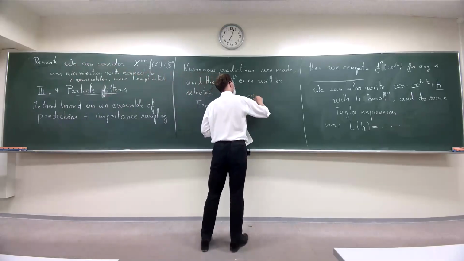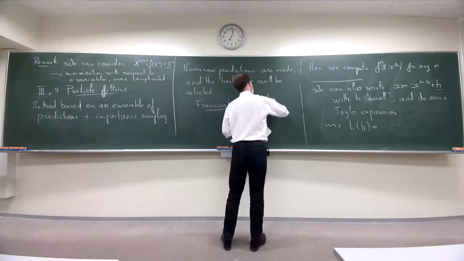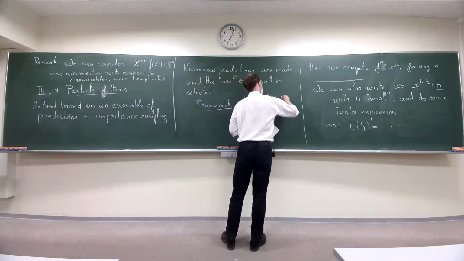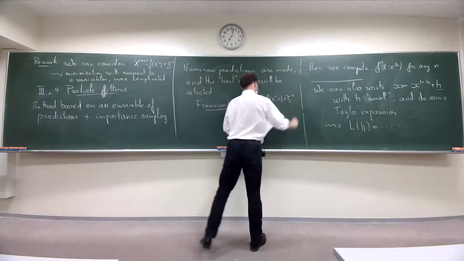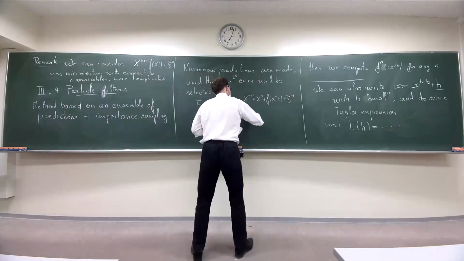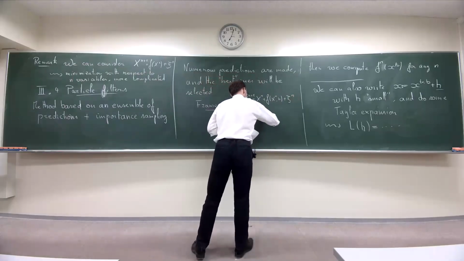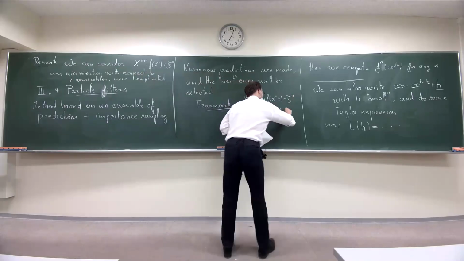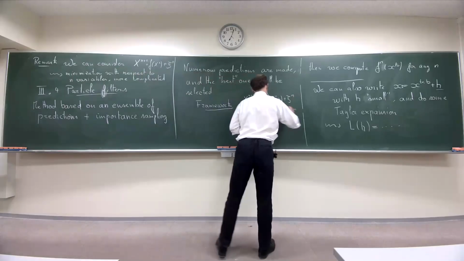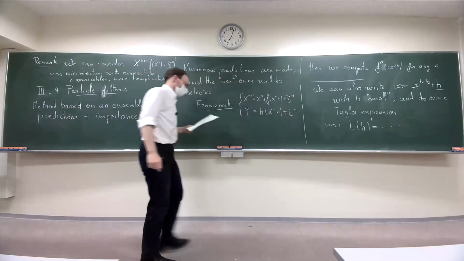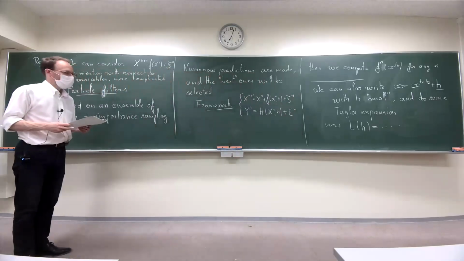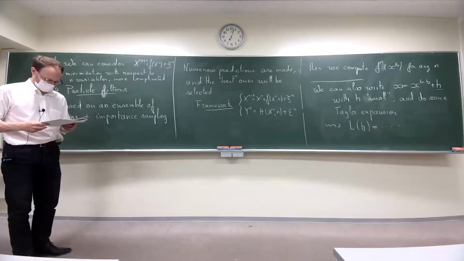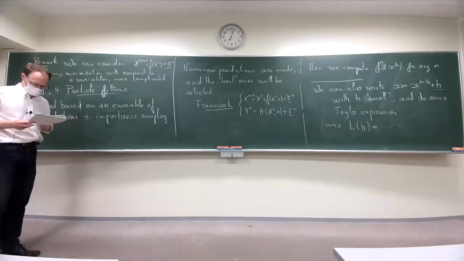X_{n+1} is f of X_n plus this model error, and Y_n is always h of X_n plus observation error. This is always the framework. I don't assume anything.